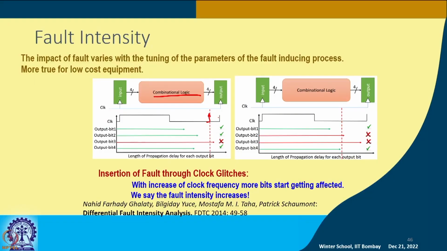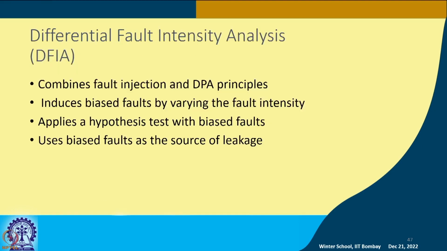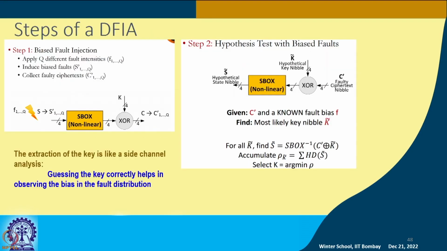This brought about a nice paper from a group at Virginia Tech, where they showed how you can defeat such a system by a method called differential fault intensity attack. Very quickly, it means that if there is a target location for the fault, and you inject a fault, you control the intensity of the fault.